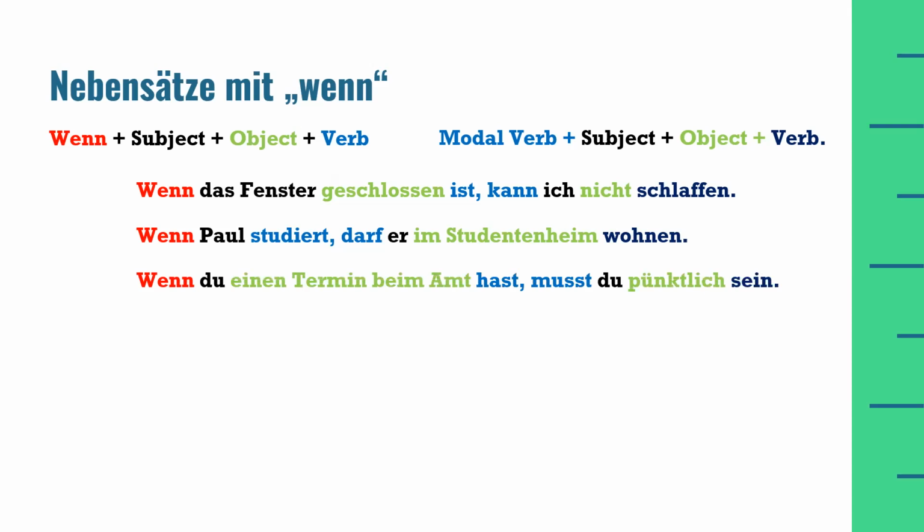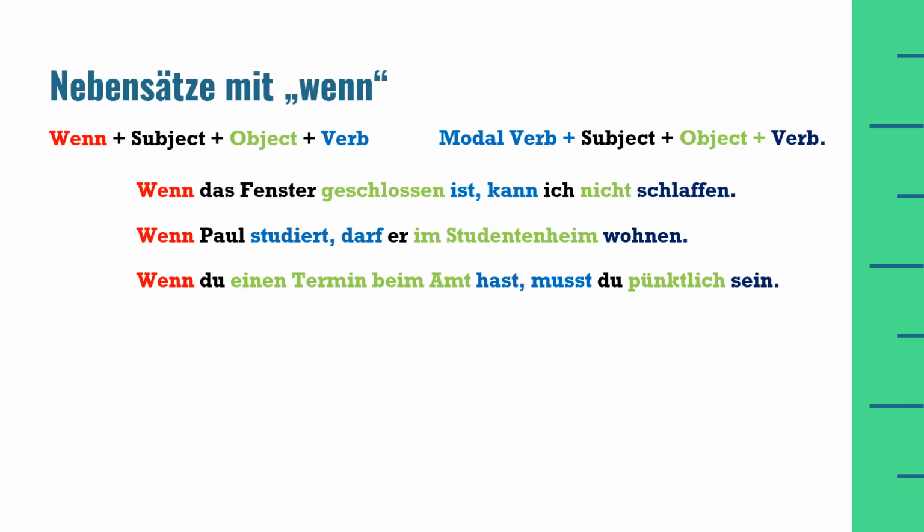Now let's bring some more variation in the sentences. Wenn du einen Termin beim Amt hast, musst du pünktlich sein. If you have an appointment with an administrative office, you must be on time. Now we have started the sentence with wenn.